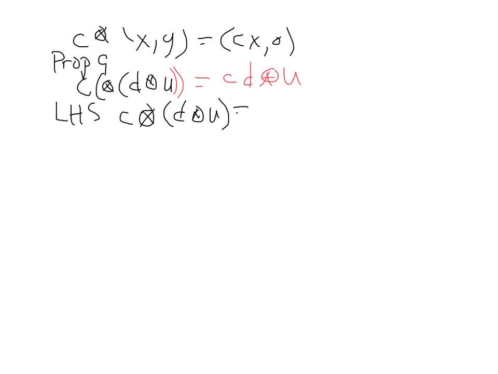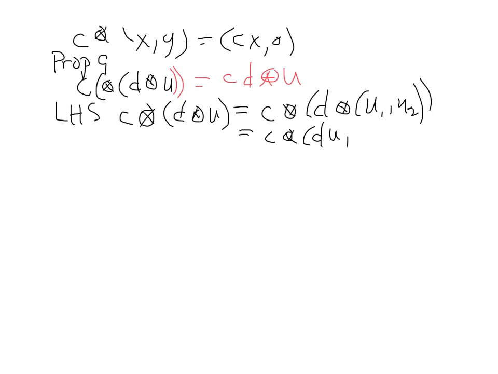But if u is u1, u2, we have c circle times d times u1, u2, which is equal to c times du1, 0, d1 u1, 0.